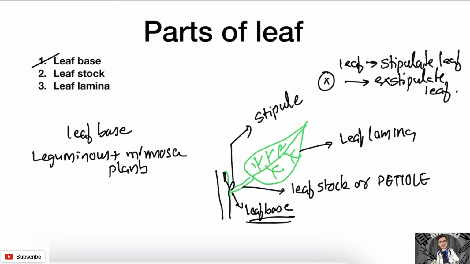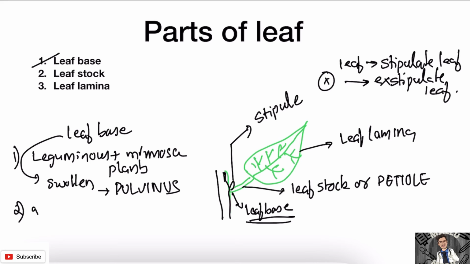Here the leaf base becomes swollen, and the leaf base of leguminous and mimosa plants, we call pulvinus. Now a second category is monocot plants. In monocot plants, the leaf base forms a sheath over the stem, or it covers the stem. It will be something like this. This leaf base will cover the stem as a sheath.